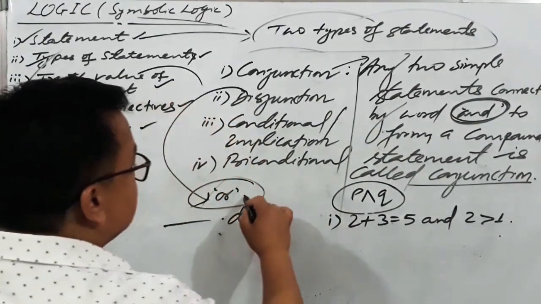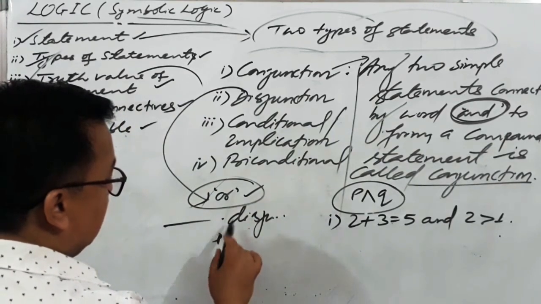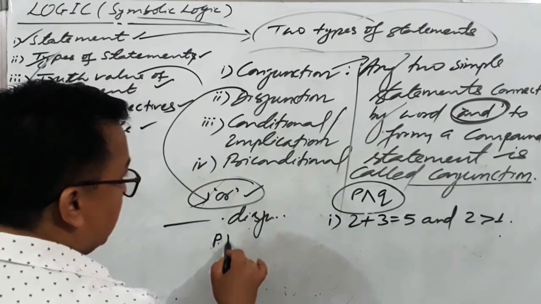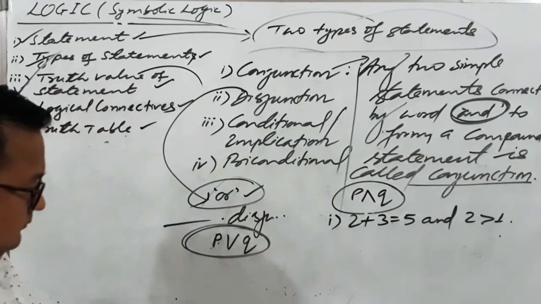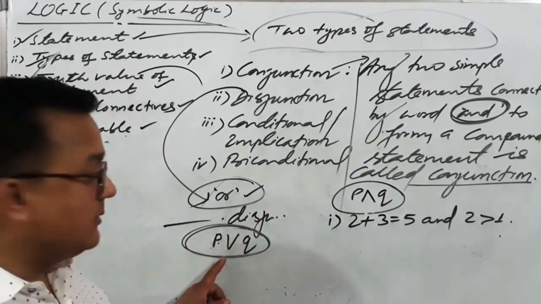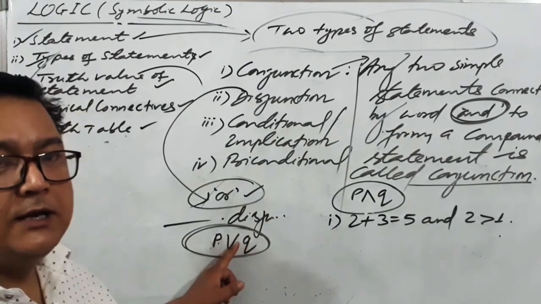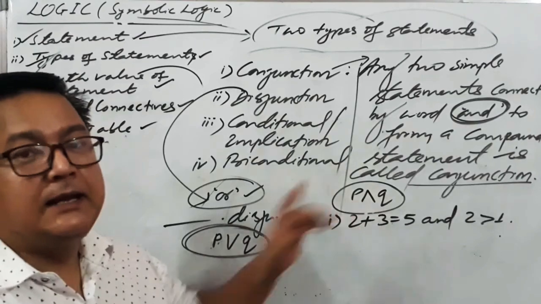We can symbolize it this way: if P and Q are two simple statements, then the disjunction is symbolized by P or Q. We read it as P or Q, right? Disjunction P or Q, conjunction P and Q.